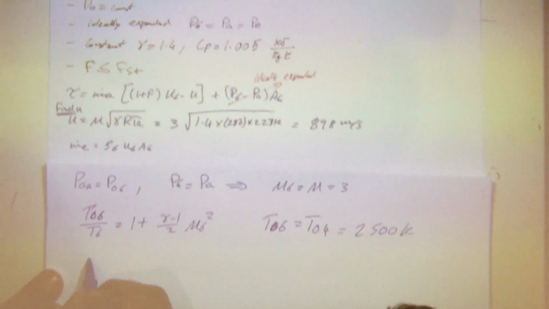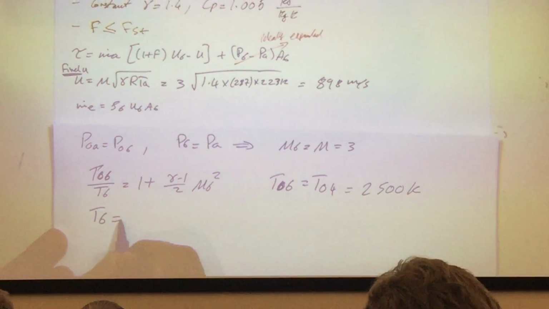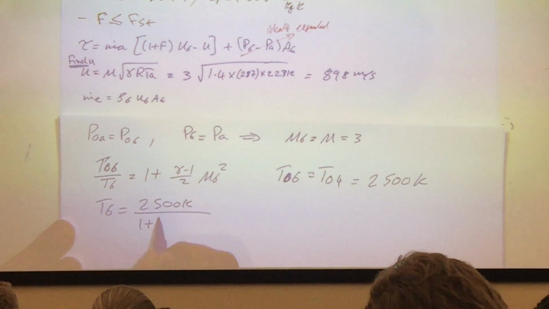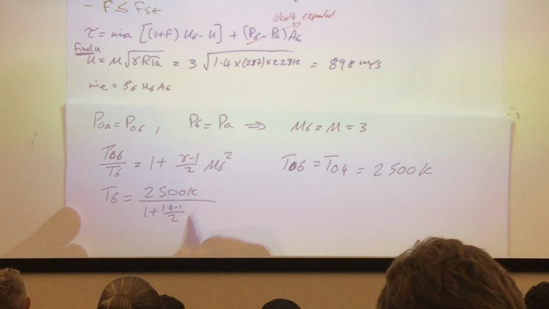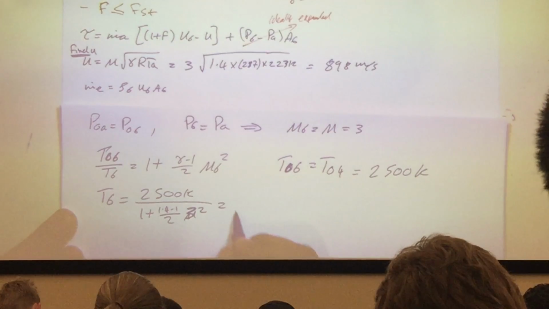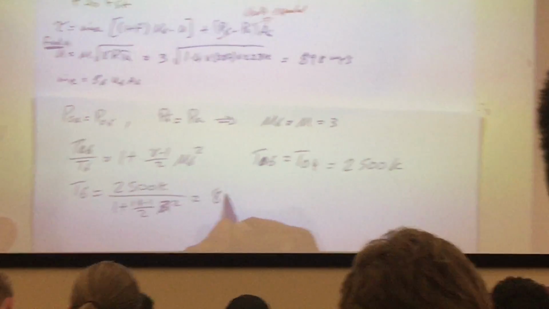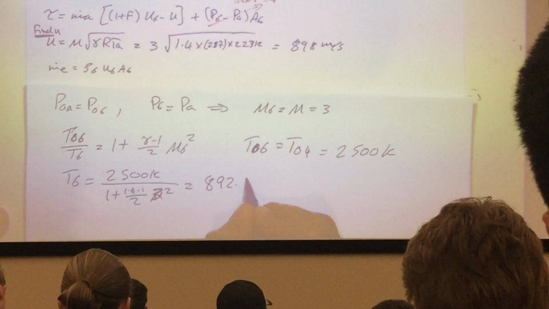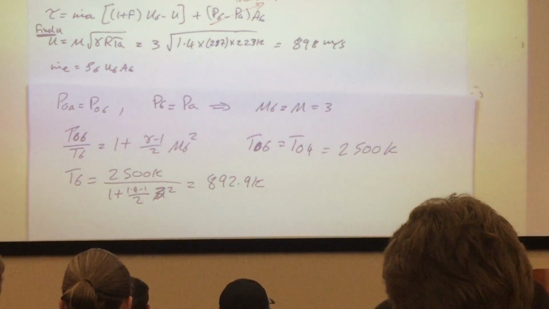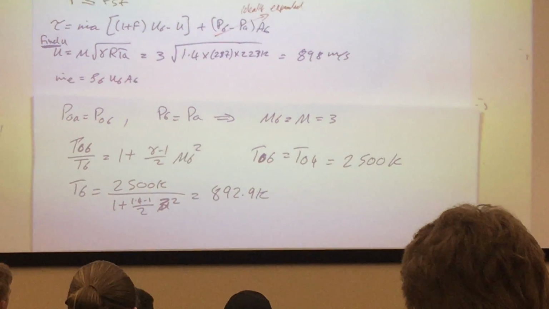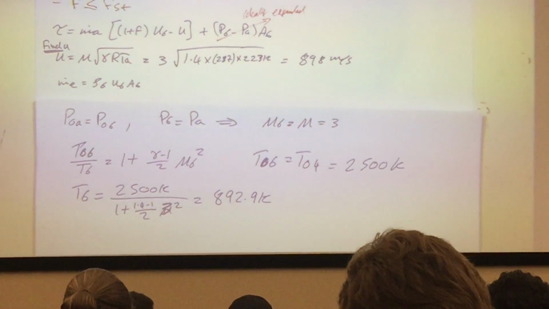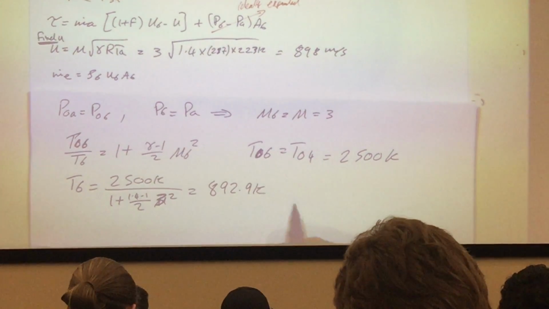So from this, I get my static temperature, T6, is equal to 2,500 Kelvin divided by 1 plus (1.4 minus 1) over 2 times the Mach number squared, so 3 squared, which is equal to 892.9 Kelvin. Does that make sense? If the ambient temperature is 223 and I'm at a much higher static temperature, yes, I'm burning, so therefore it's going to be high.